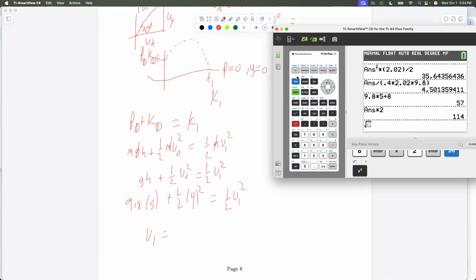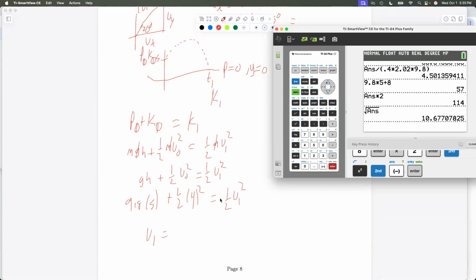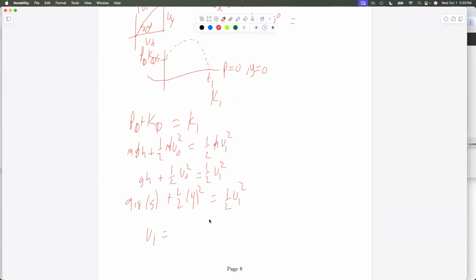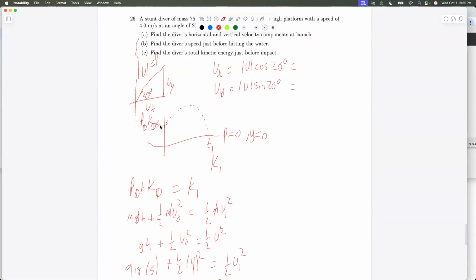Second answer, 10.67, 10.68 meters per second. Let's make sure that's reasonable.